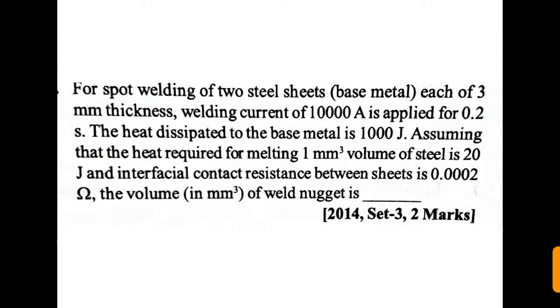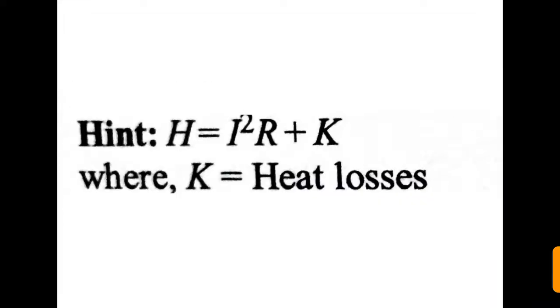So how can we calculate it? We know they are given the heat dissipated to the base metal as 1000 joule, and they are also given the resistance as 0.0002 ohm. Now we have to calculate the volume of weld nugget. We know the relation S is equal to I square R T plus K, where K is the heat loss.